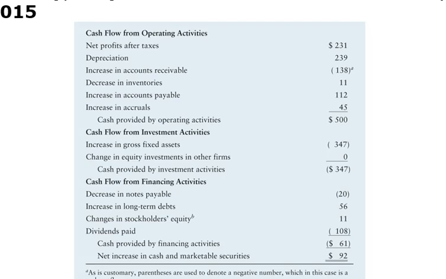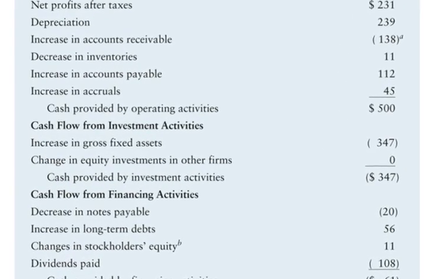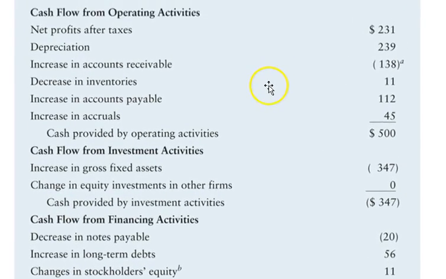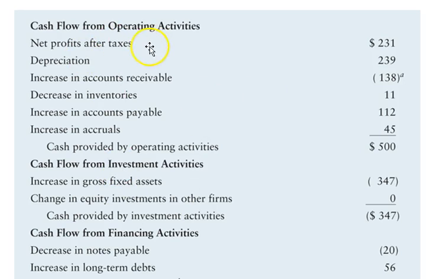All right. So here's a cash flow statement. We have our cash flow from operations. Our net profit after taxes is where we start. So this company made profits. And we add back our depreciation on the cash flow statement, because depreciation was taken out of our income statement as an expense, but it's a non-cash expense, meaning that there's no real cash disappearing for it. You're not spending any cash for that expense.